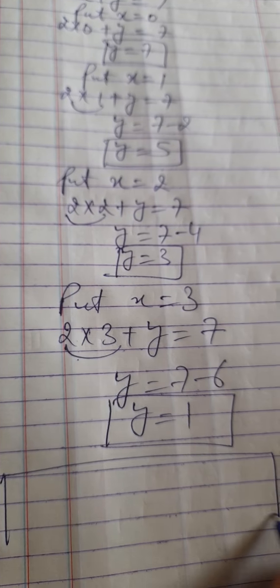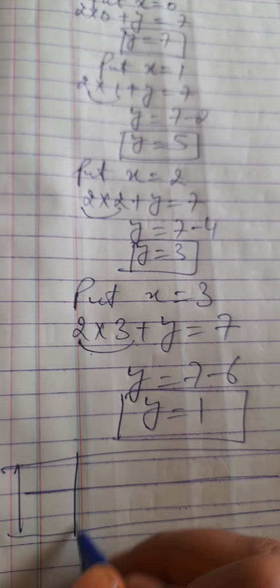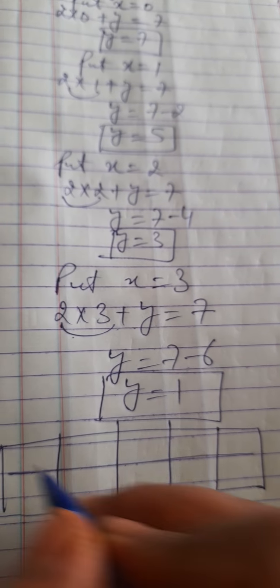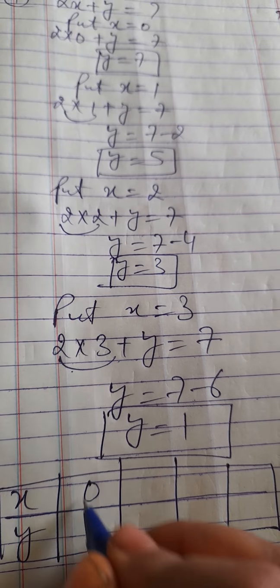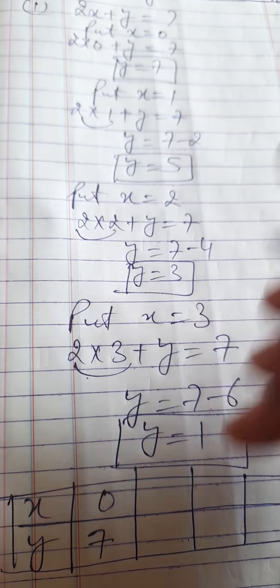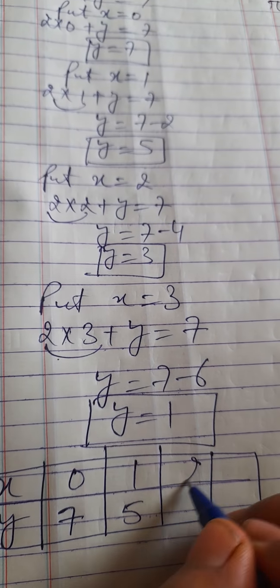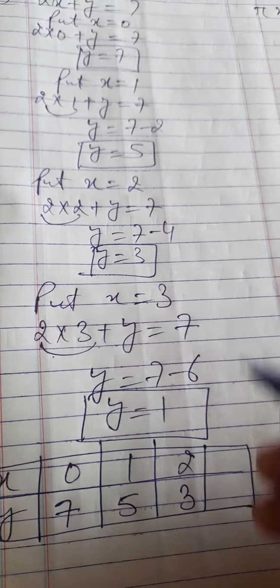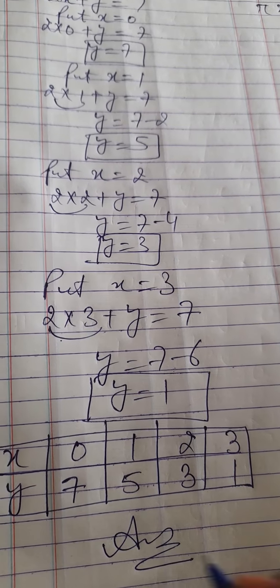Now make a table of the 4 solutions. First of all, we put x 0 and we get y 7. In second, put x 1, y is 5. Next, put x is 2, y is 3. X is 3, y is 1. This is the solution of our first part.